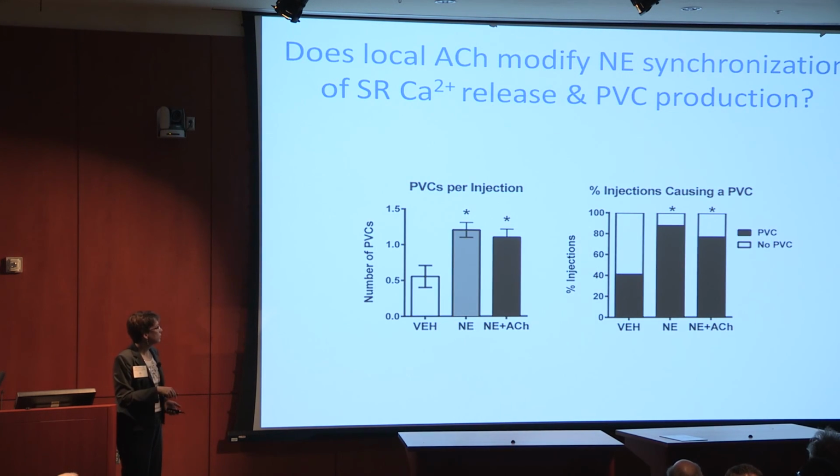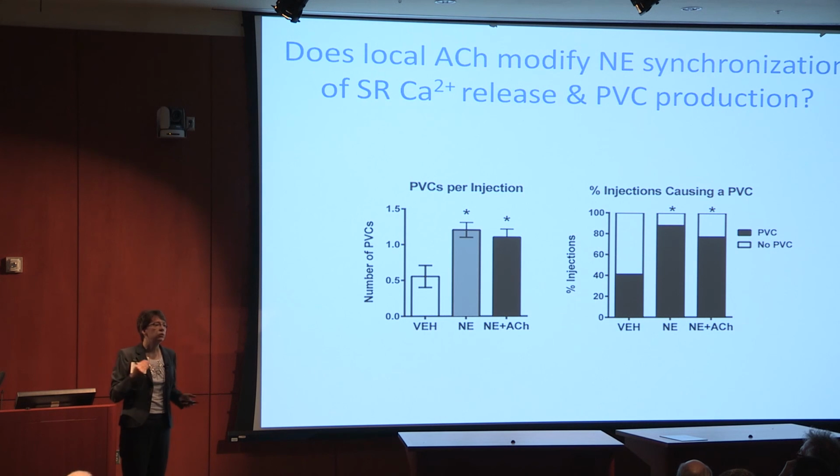So far, it turns out not much. It doesn't change the number of PVCs per injection or the ratio of injections causing a PVC. They've tried injecting in different parts of the heart, and so far none of this makes a difference, but this is just one very superficial experiment.